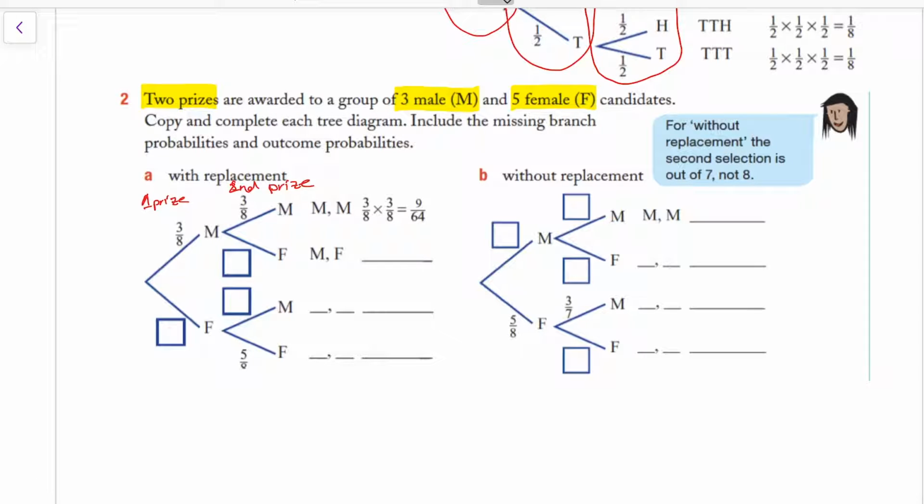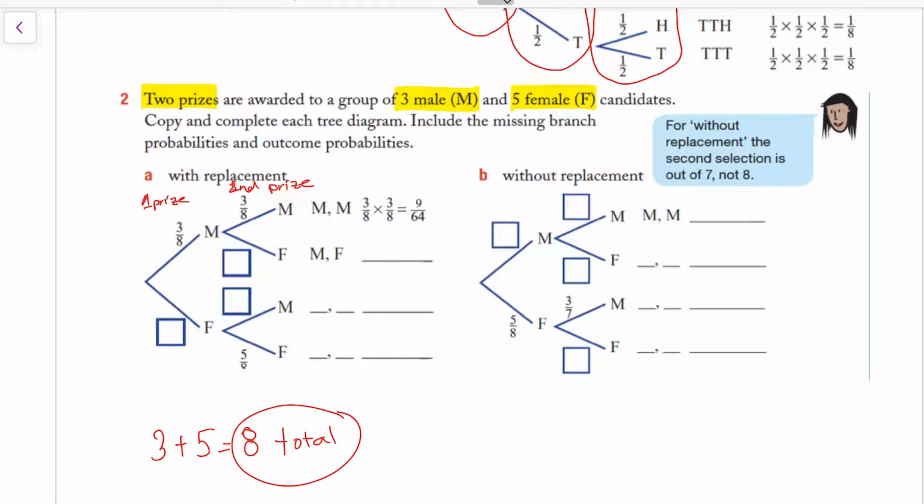When we look at this scenario, we can see it's a 3 out of 8 chance of being a male, because there are 3 males, and 3 plus 5 gets us the total of 8 candidates in total.